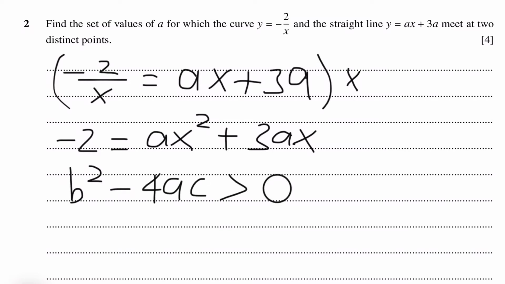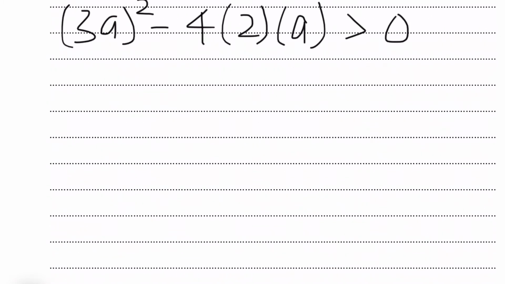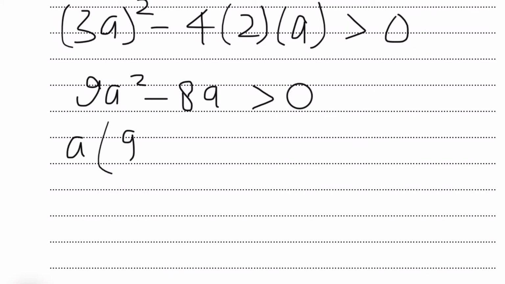So (3a) squared minus 4 multiplied by a multiplied by 2 is larger than 0. You have 9a squared minus 8a is larger than 0. And if you factorize a out, you have a(9a minus 8) is larger than 0.